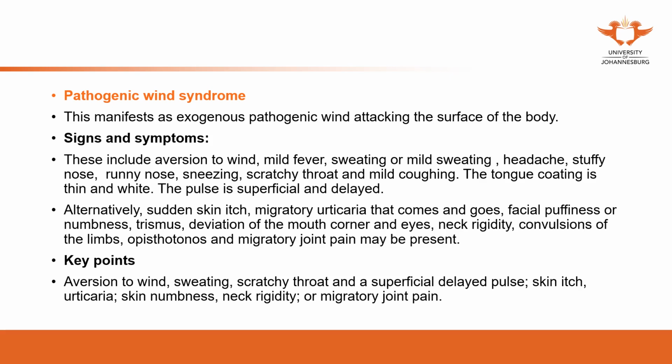When we talk about the wind syndrome, we need to identify the signs and symptoms. We also need to think about what can be the cause of these pathogens. The wind can be an exogenous pathogen, coming from nature externally. It also can be internal wind.